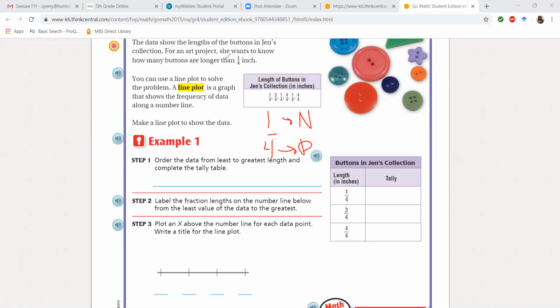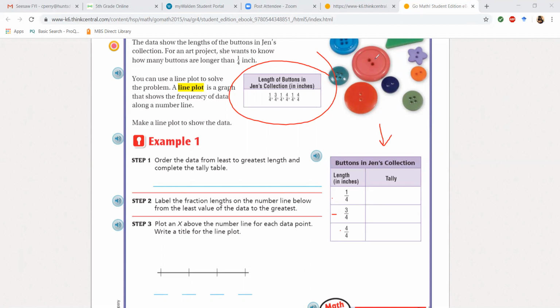D down, denominator down. Okay, so we're going to make a line plot with the following data about Jen's button collection, the length of buttons in her collection. All right, so let's first organize the data. I'm going to put a tally in this box for each of these points.